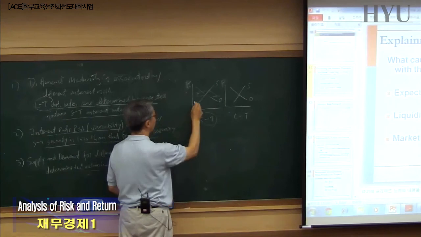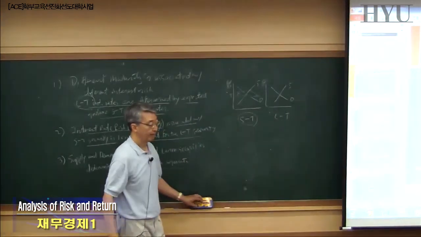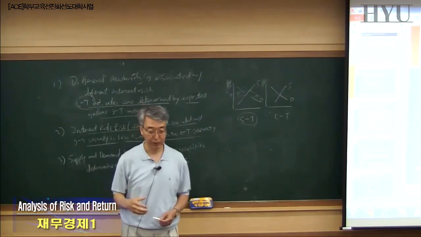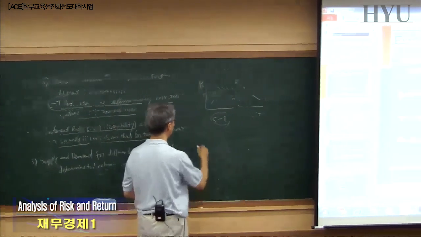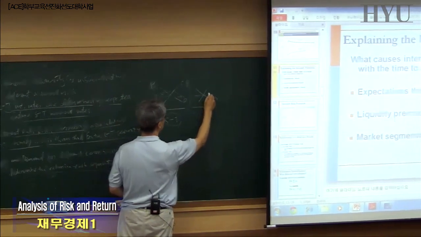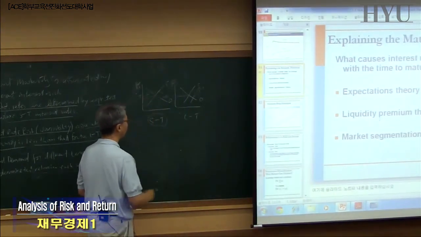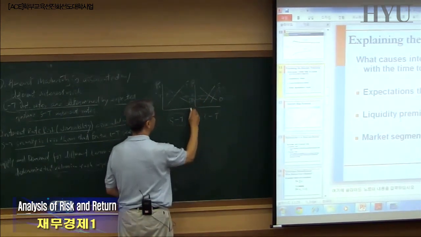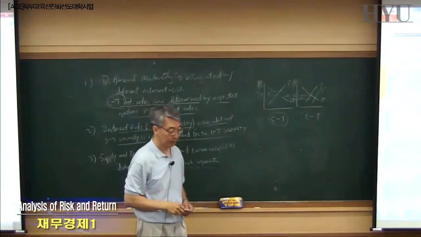If price goes up, what happens to the return? It will go down, right? If you have to pay a higher price when you purchase the stock, then the relative return will go down. If supply for some reason is high for the long-term security, then the price goes down, and that will increase the return on the long-term security, okay?